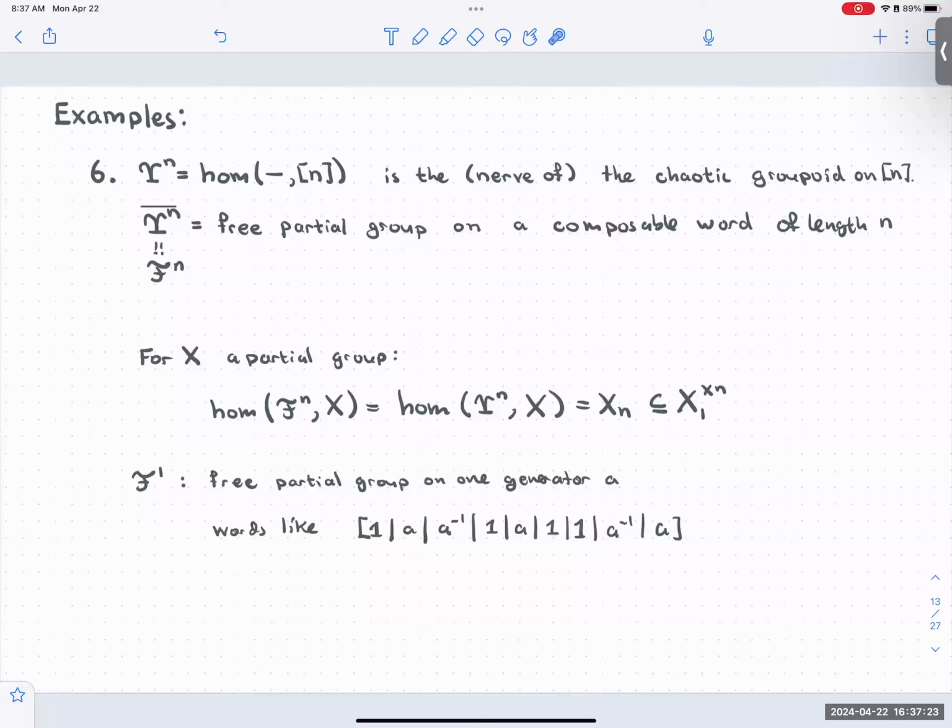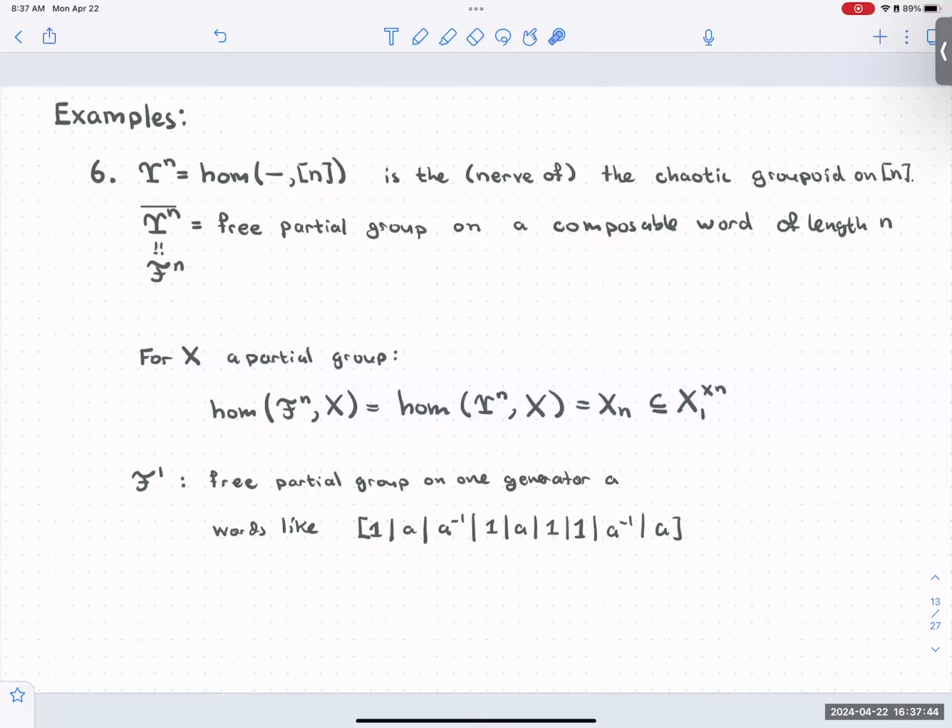So take the complete graph. This is definitely a partial groupoid because it's a groupoid. And if I reduce this, then I get a partial group. This should be considered the free partial group on a composable word of length n.